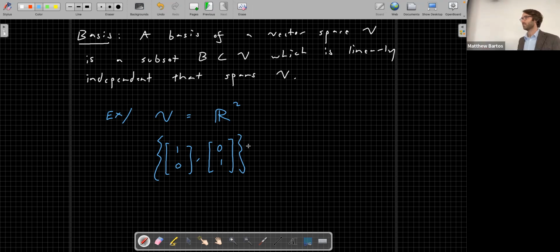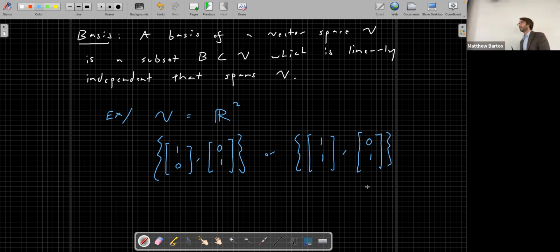They just need to be linearly independent. So another basis might be (1, 1), (0, 1). These we know are linearly independent, and we also know that they can span V. So we can scale these and add them together to get any vector in R2. Okay, so those are two examples of bases. Again, they don't need to be orthogonal. They just need to be linearly independent for it to qualify as a basis.